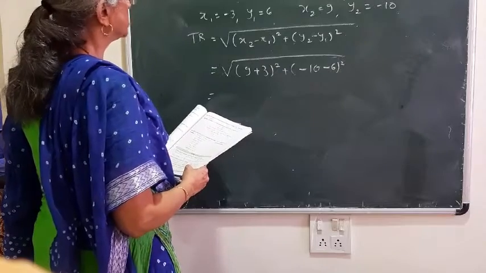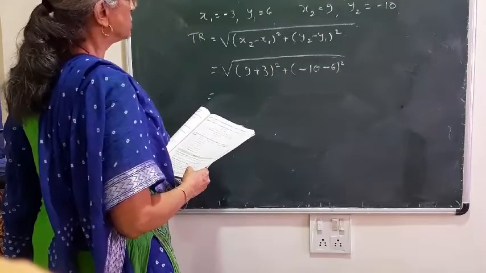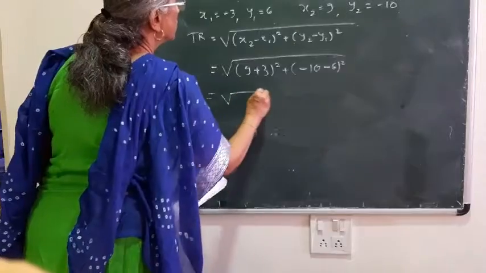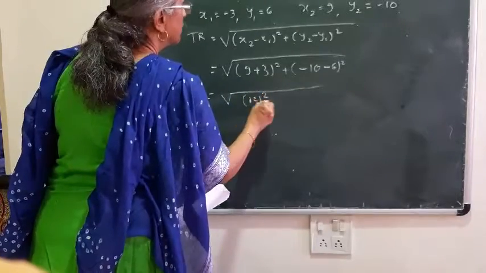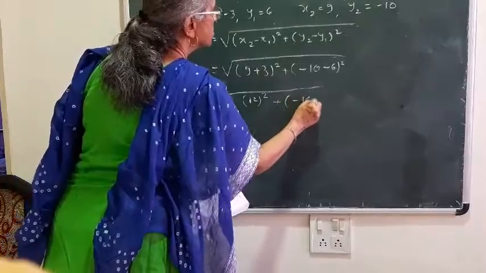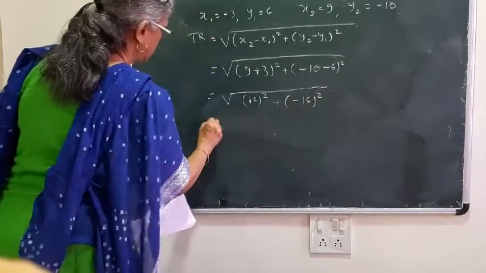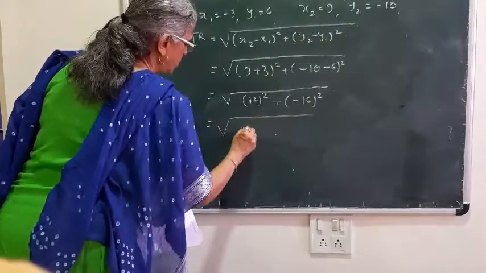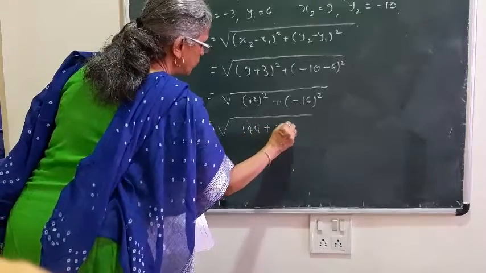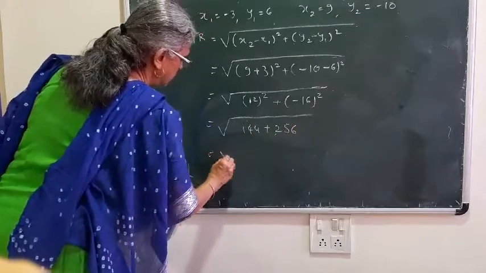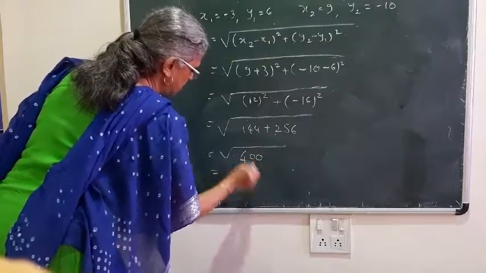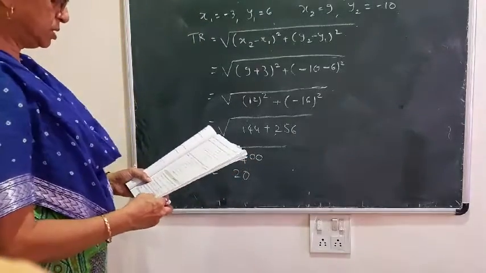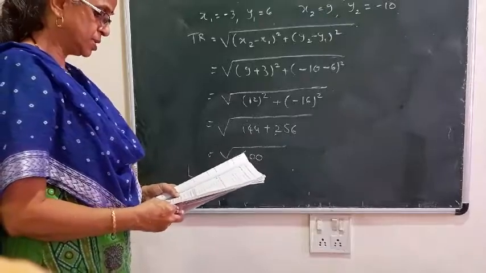So x2 minus x1, y2 minus y1, correct. So that will be 9 plus 3, 12 square plus (minus 16) square. So that is equal to root of 144 plus 256. That will become root 400, which is equal to 20. So that is the fifth sum, distance TR.